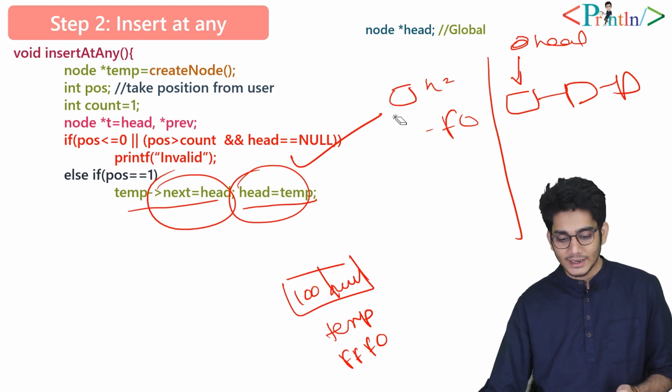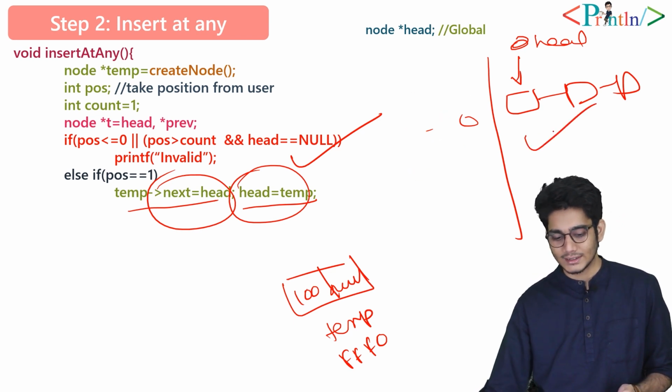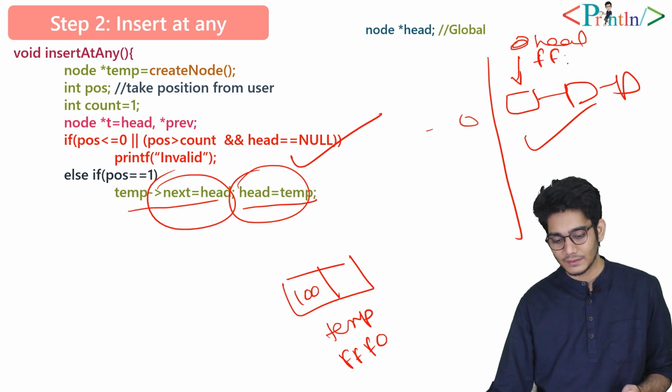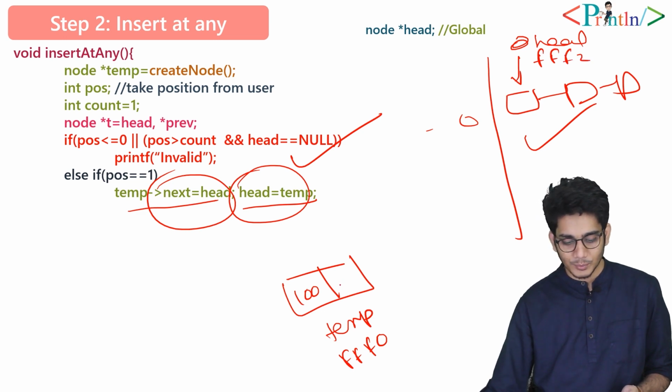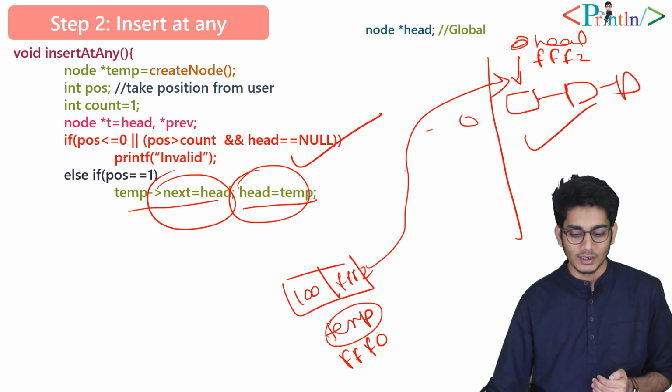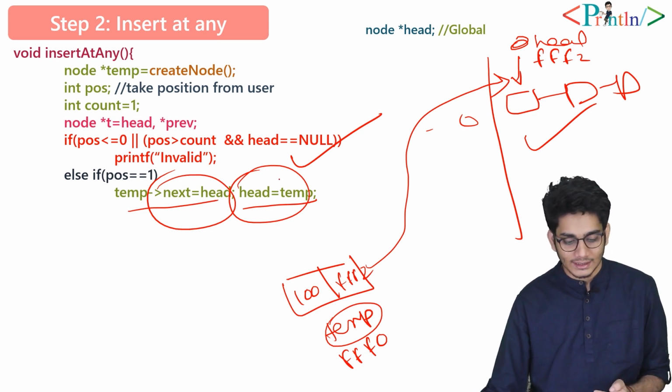And if our head is not null, let's take this case, then temp next equals head. Let's say that it has FFF2. So we'll just put FFF2 over here. So temp next equals head means now this temp is pointing to this node, right? Then we'll assign temp into head.